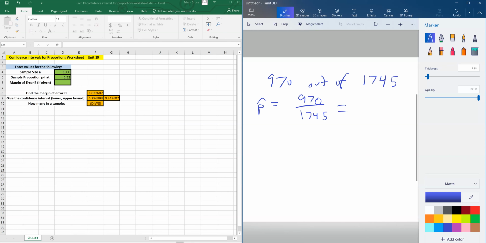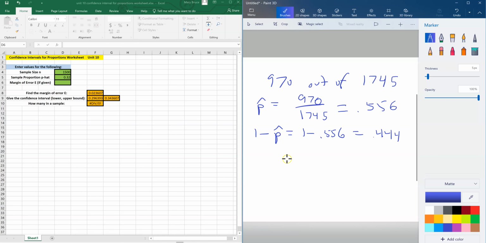Be careful about how many places they would want you to round to. So 970 divided by 1745 is about 0.556 if I round appropriately. And then remember I like to calculate my 1 minus p-hat next. So that's 1 minus the 0.556, which is 0.444.